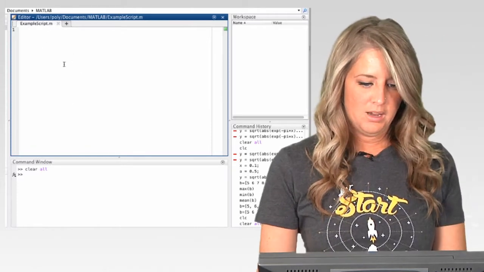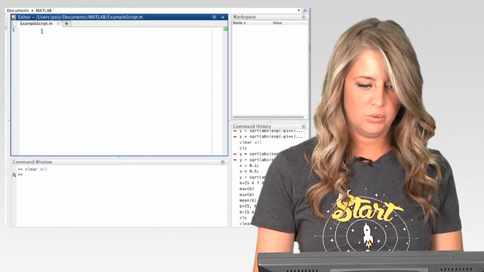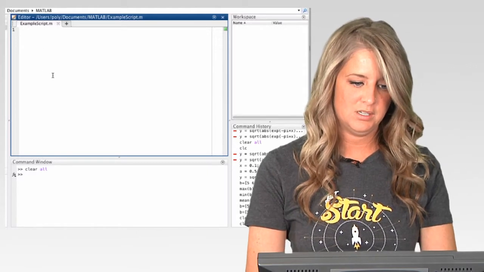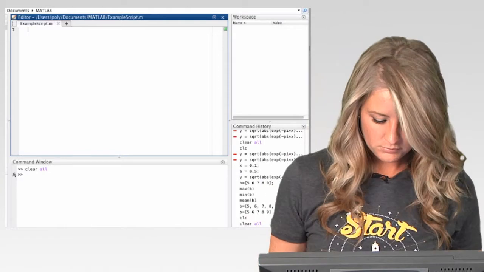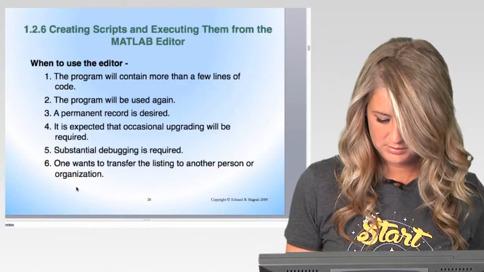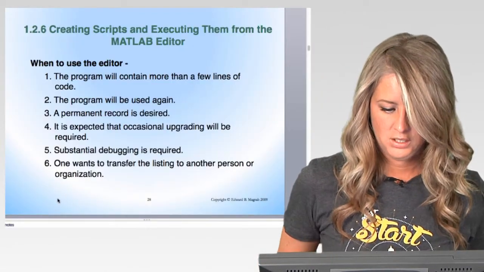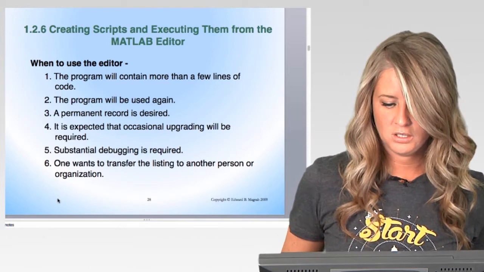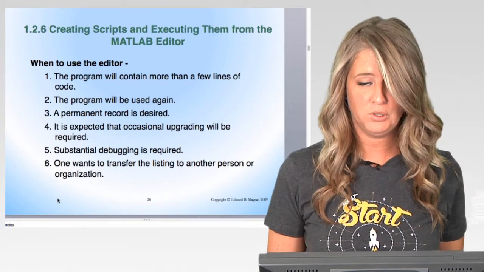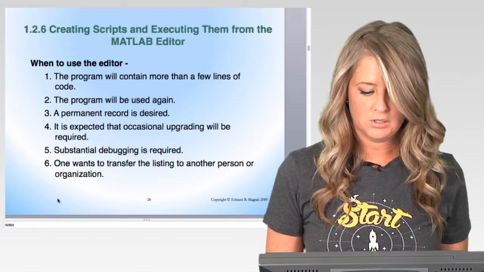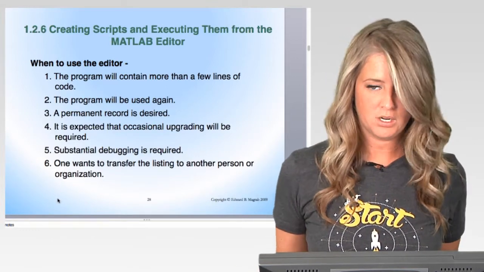So again, now we have this script here. And now that we can save this, we can use it at any point in the future if we want to. So let's go back here. When you're using the editor, it's best to use it if there's more than a few lines of code. If you're just using it for a quick computation, it's fine.